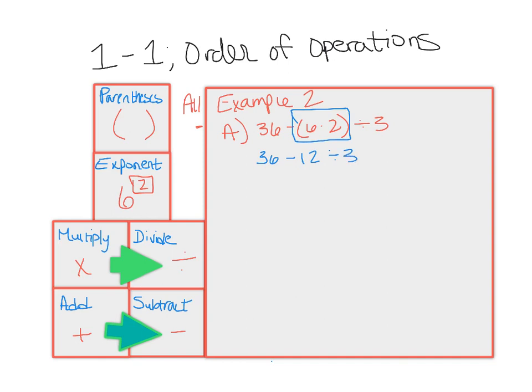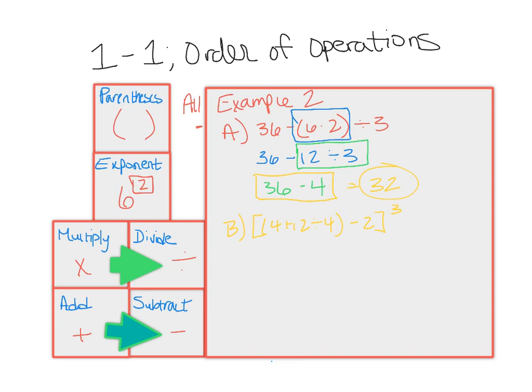Now we don't have any more multiplication, but we do have division. So we need to go ahead and box our division. The terms we're going to divide, we bring our 36 down, minus 12 divided by 3, which is 4. And at this point, all we have is these two terms left to subtract. So we get 32.